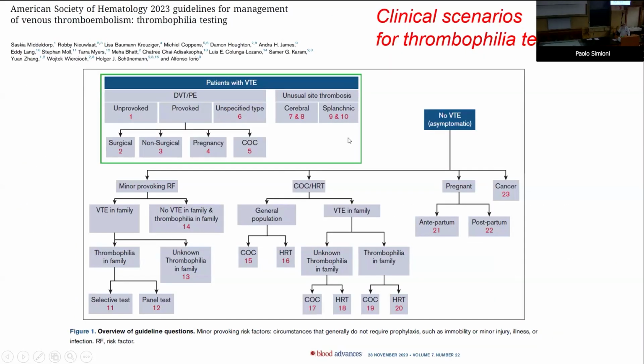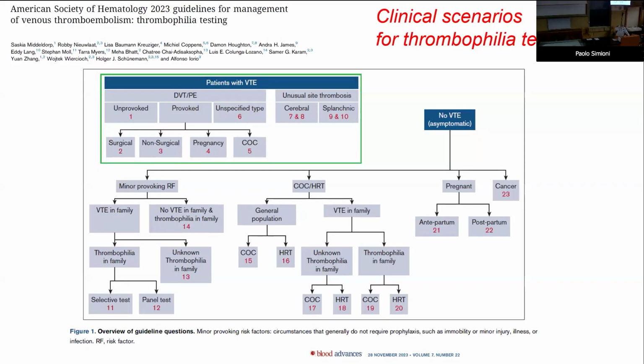This is so important that the International Society on Thrombosis and Haemostasis, and particularly the ASH, the American Society of Hematology, presented a huge work trying to understand the real role of thrombophilia in patients who had already had thrombosis.